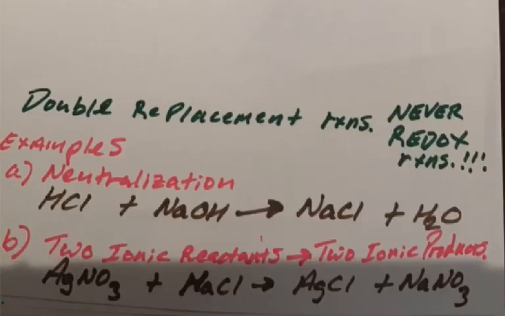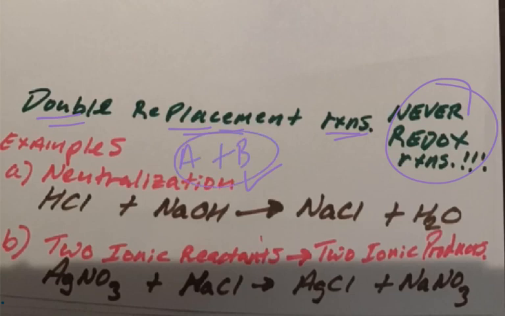We're almost there. Double replacement reactions are never, never redox, people. Two examples of double replacement reactions are neutralization, your regular acid and base reactions that we learned before.